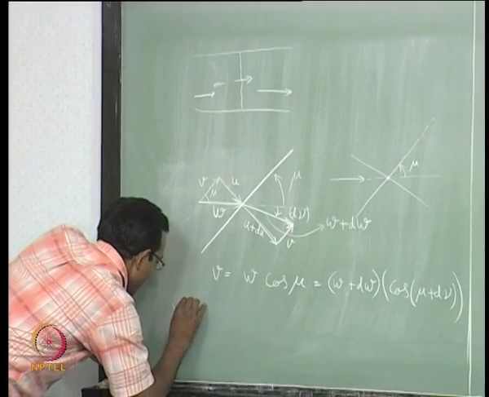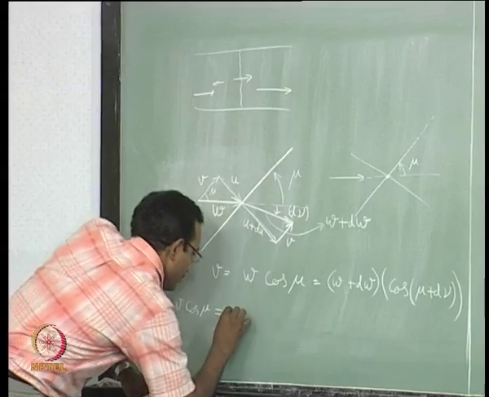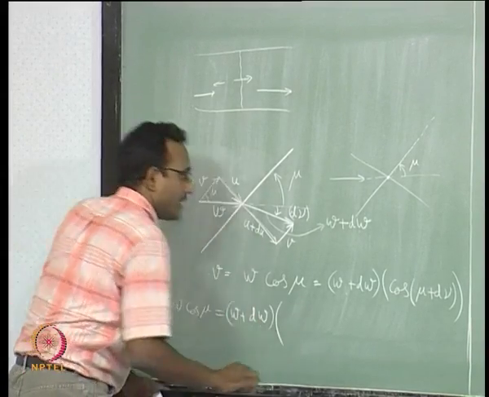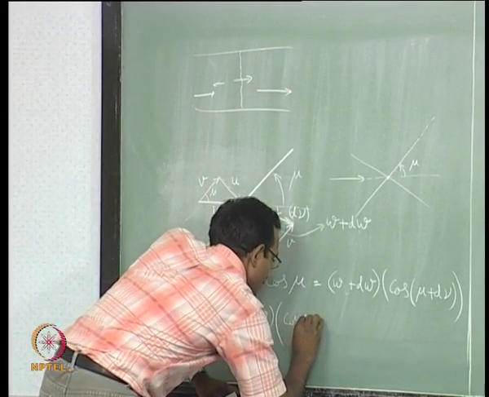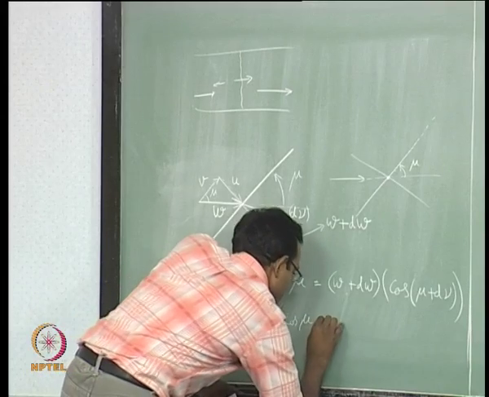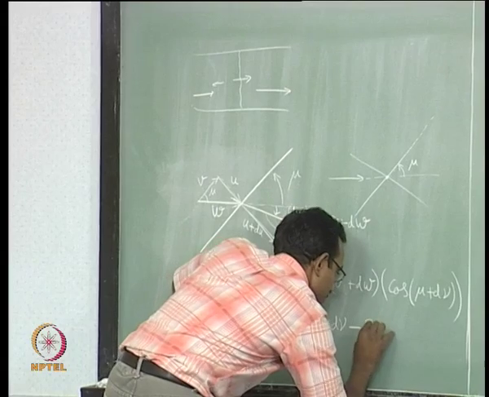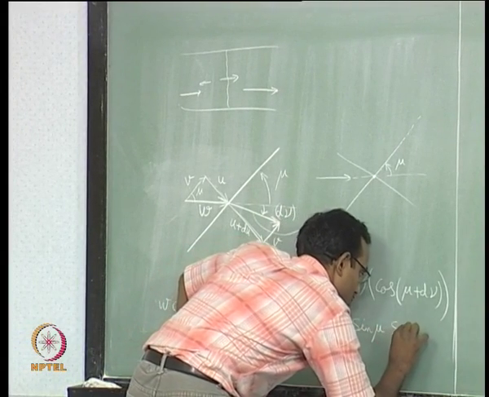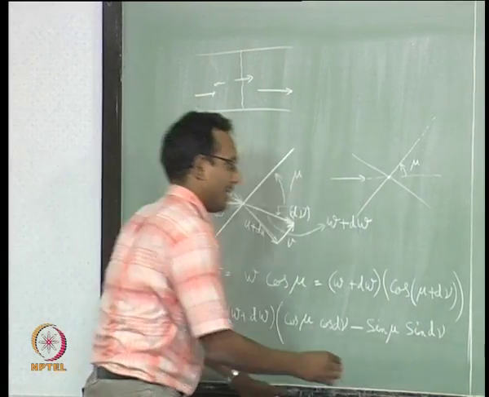If I write it again, w cos mu is equal to w plus dw times cos of a plus b expansion, cos mu cos d nu minus sin mu sin of d nu.